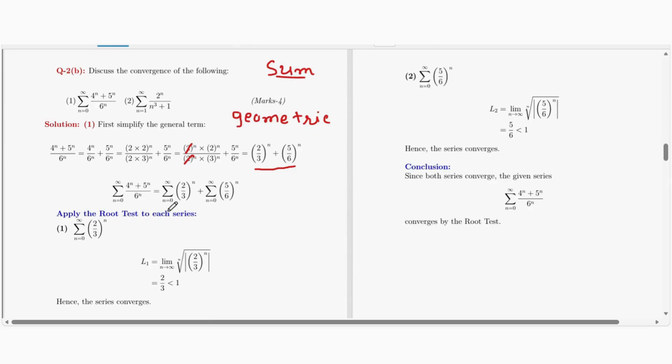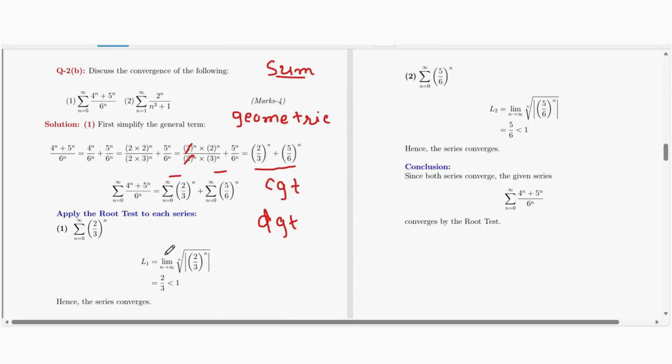We are interested to find the convergence of this series and convergence of this series. Okay. So as per the rule, if this series and this series both are convergent series, then what we conclude? The given series is convergent. And if two series are divergent series, then what we conclude? This given series is also divergent. Okay. So now convergence of this series depends on the convergence of this series and this series.